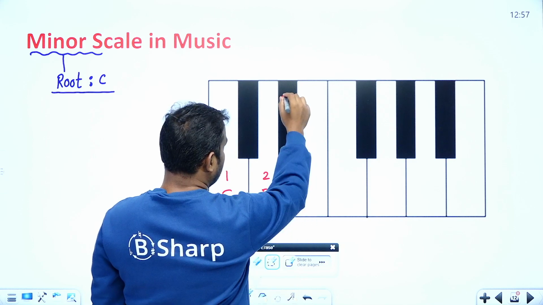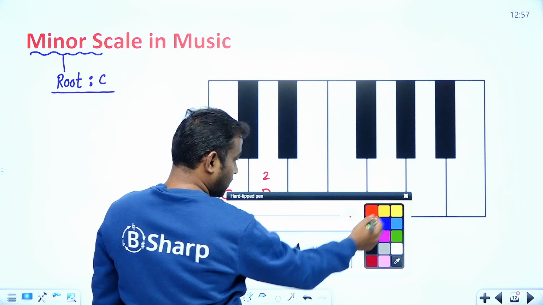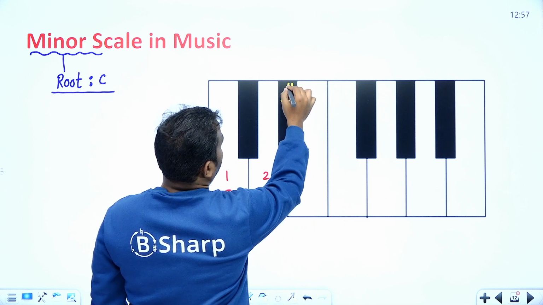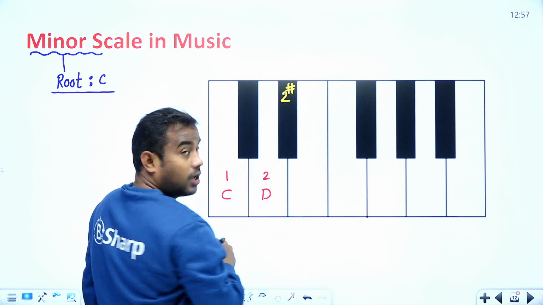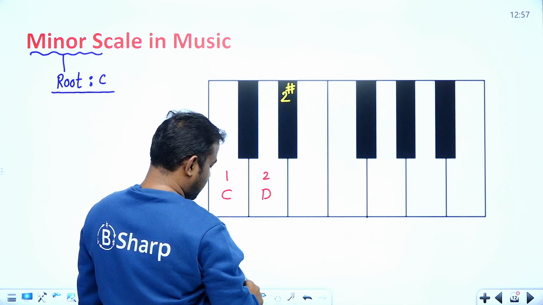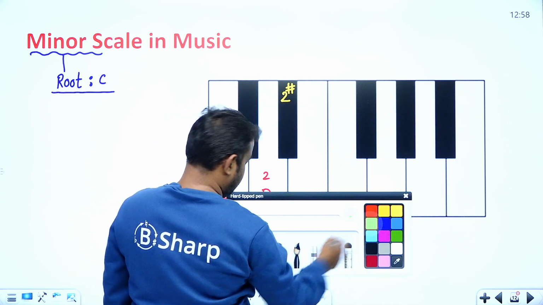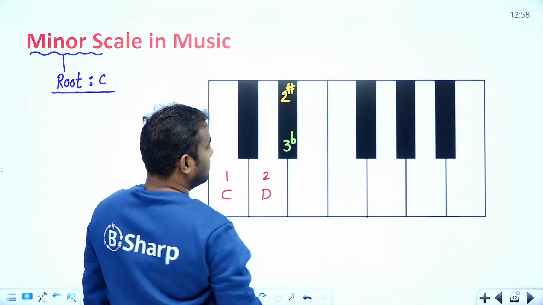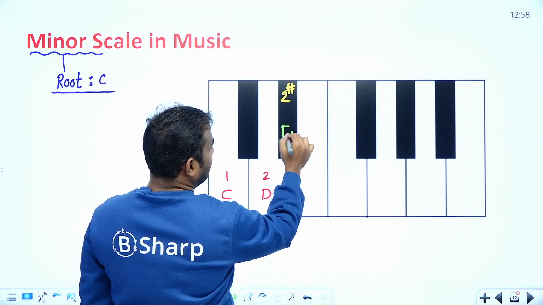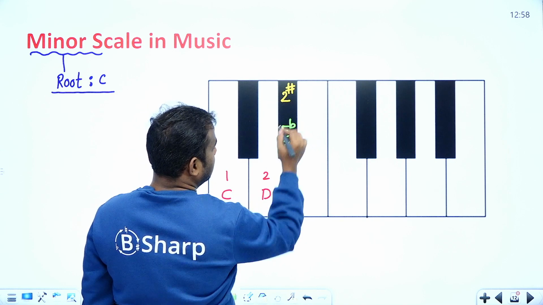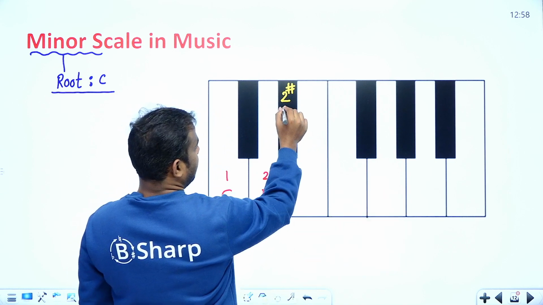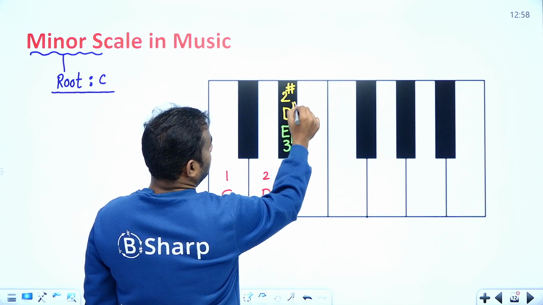You can write it like this as a 2 sharp, or else you can write this one as a 3 flat. This 3 flat is also called E flat. Likewise, this 2 sharp can be written as D sharp.